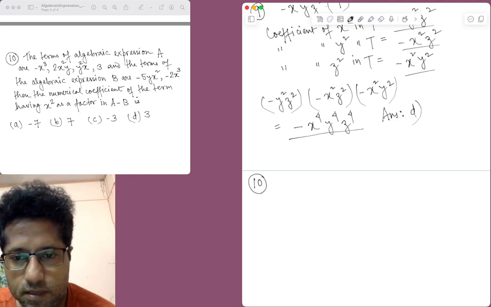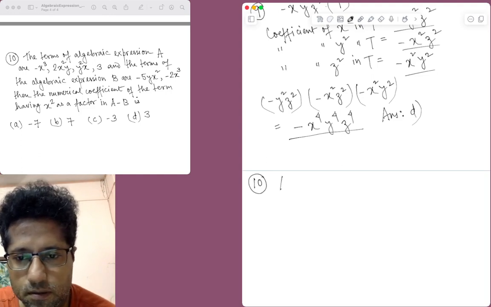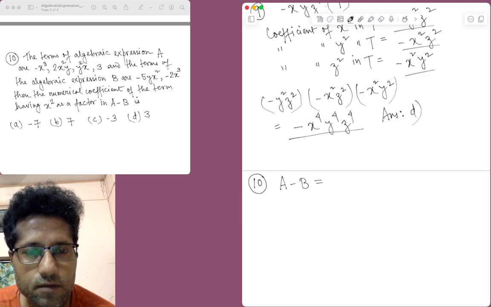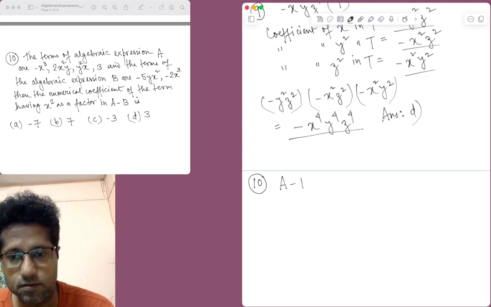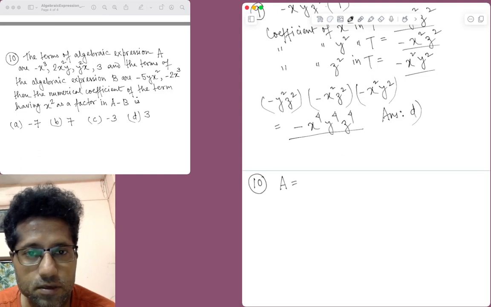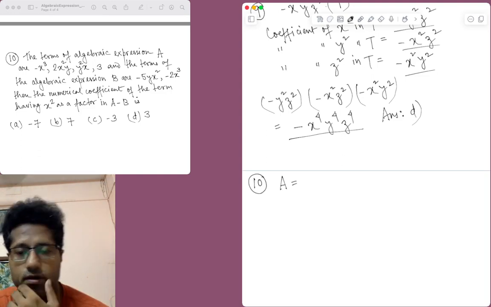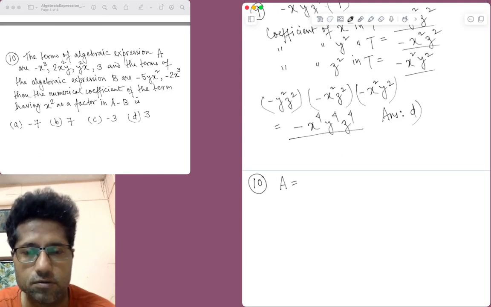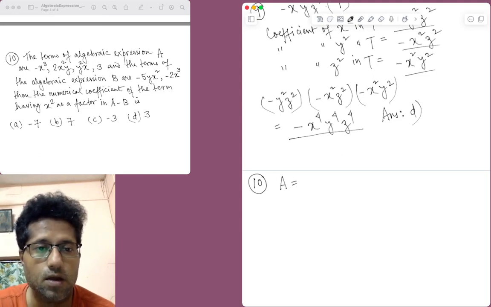Okay. So first let's find out what is A minus B. We know the terms are given, so first we have to get the algebraic expression from the terms.